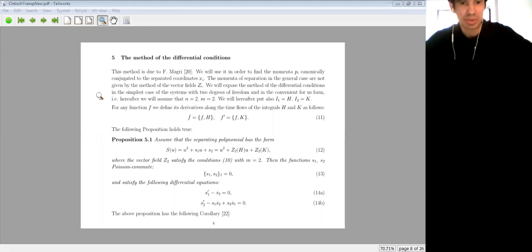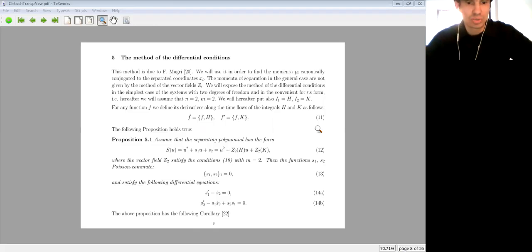I will explain this method in the simplest case, n equal to m equal to 2. I will call the first integral h, and the second integral k. I also introduce in a natural way two derivatives, dot and prime, of any function f on the phase space by formula 11.